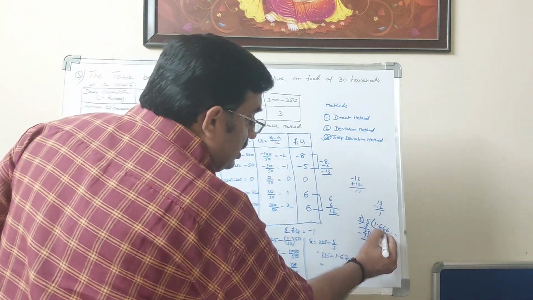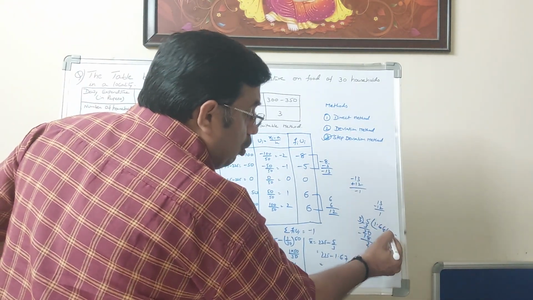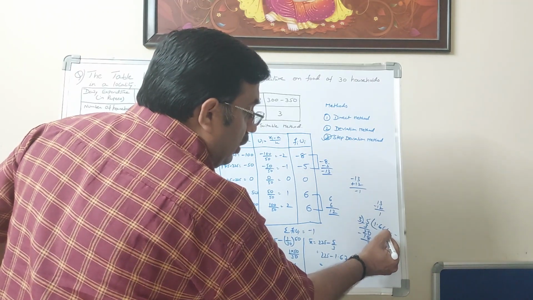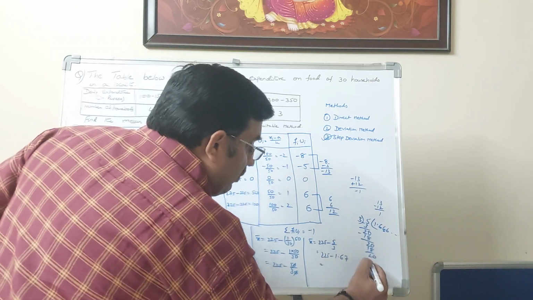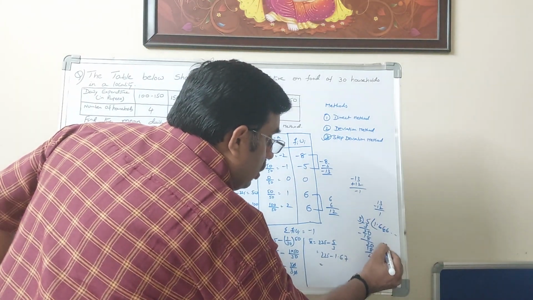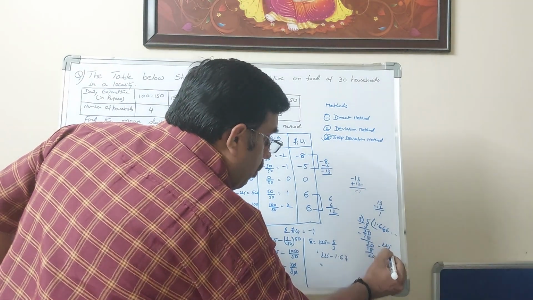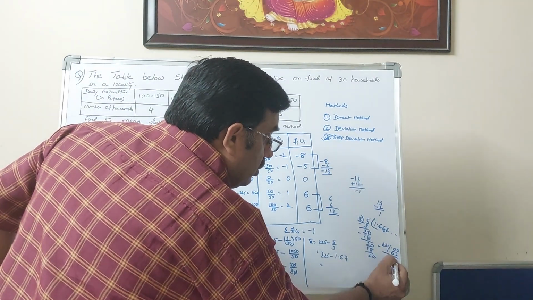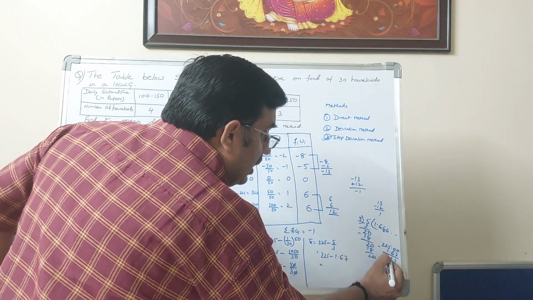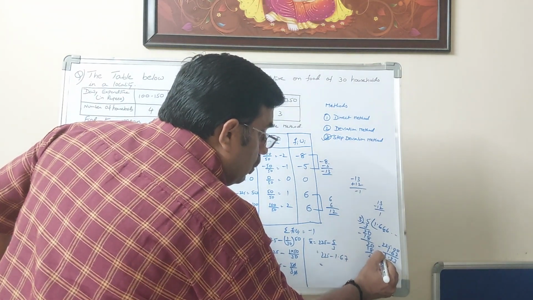This is the second decimal. If the next number is more than 5, you have to add 1 to this one, so it becomes 1.67. So 225 minus 1.67. 10 minus 7 is 3, 9 minus 6 is 3, 4 minus 1 is 3, 2, 2.